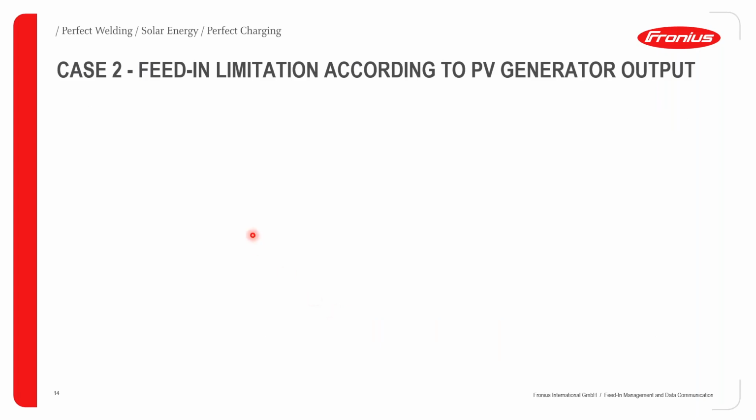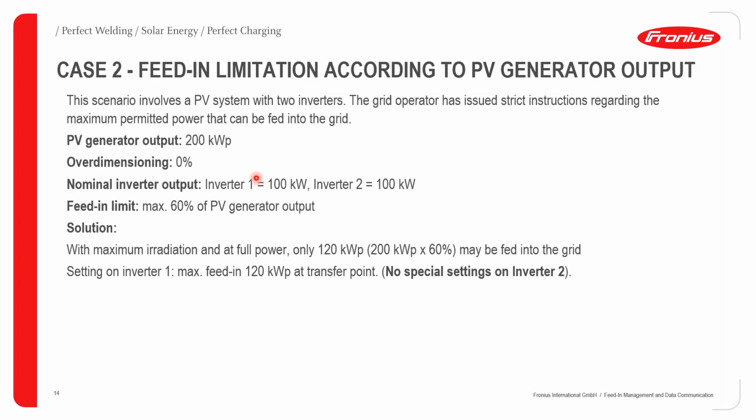So let's move ahead to another scenario. In this case, feed-in limitation according to PV generator output. This scenario involves a PV system with 2 inverters, and the grid operator has issued strict instructions regarding the maximum permitted power that can be fed into the grid.